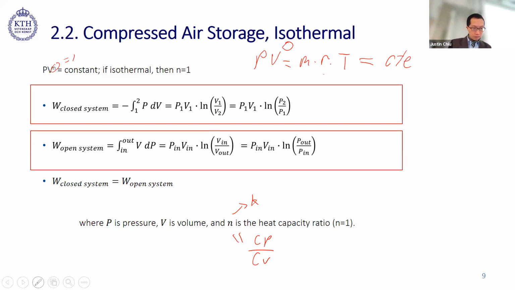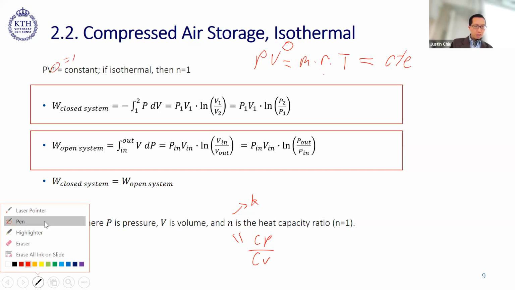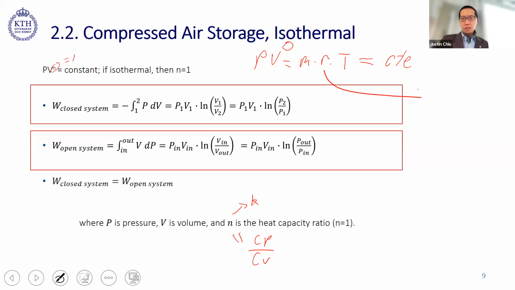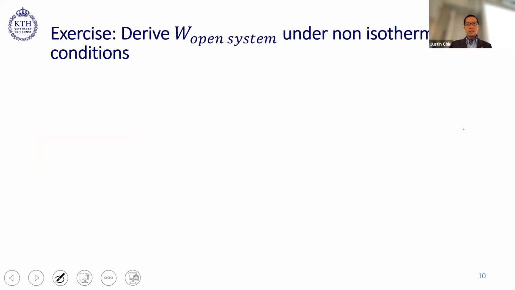So this one is big R, the gas constant, divided by the molar mass. And then the molar mass of air is 0.029 because of 21% of oxygen and 78% or 79% of nitrogen.